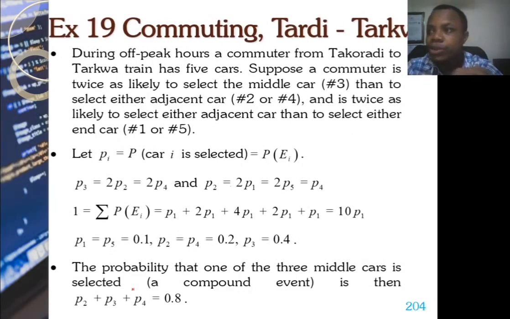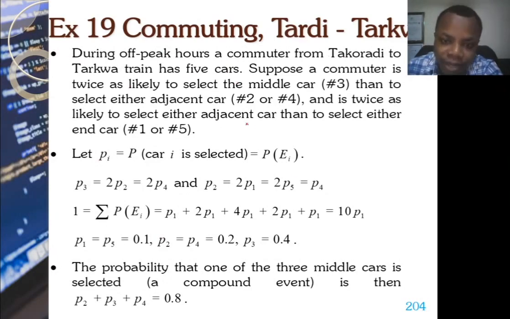So let's take an example to demonstrate this principle. In doing so, we take a look at a commuter train from Takoradi to Takorwa, which they started not long ago. Suppose that during off-peak hours, a commuter train from Takoradi to Takorwa has 5 cars.